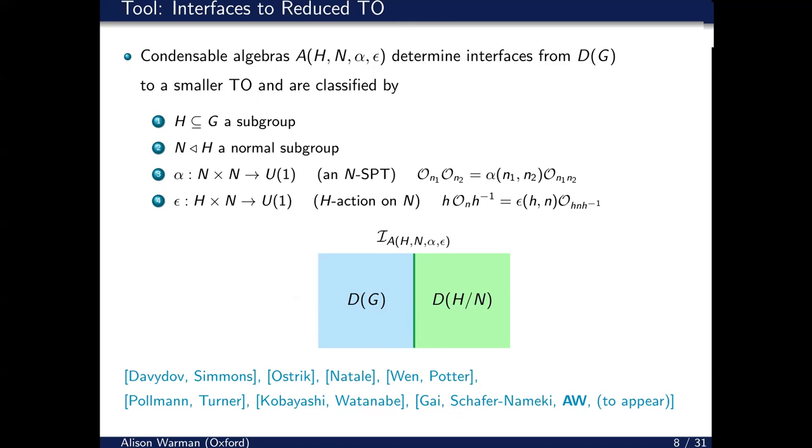So from the symmetry point of view, these type of interfaces are very useful because they enable us to start with some larger, more complicated symmetry, and then go to a reduced TO for a smaller, simpler symmetry. From the quantum info perspective, again, they are useful because we may need to use a complicated code to implement high precision gates. But then these kind of interfaces will allow us to switch to simpler Z2 codes.